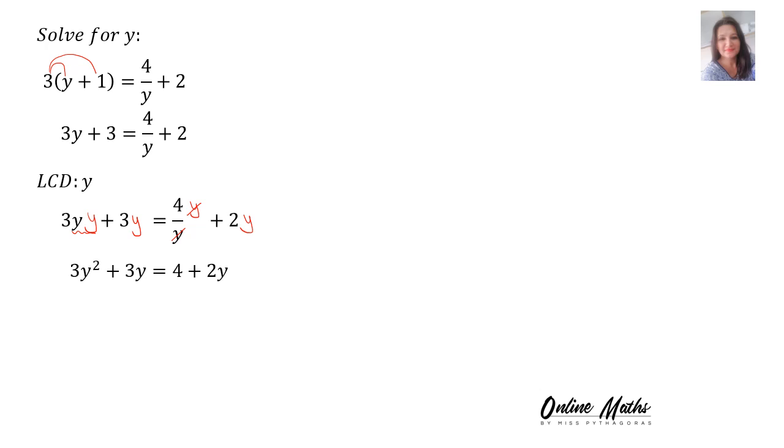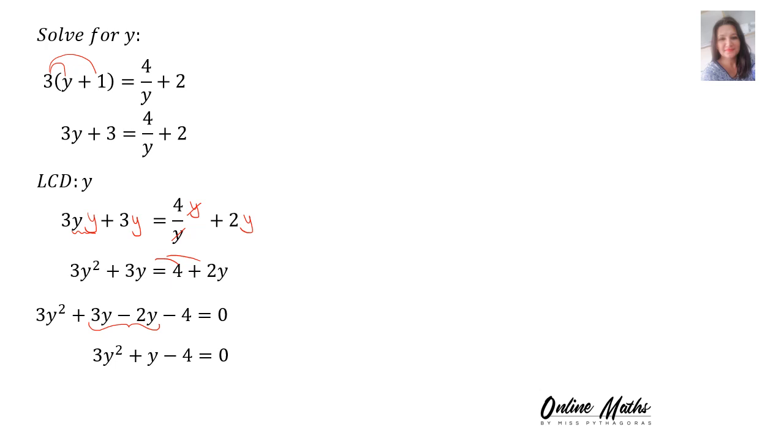Again, my equation is not in standard form, so the 4 and the plus 2y will have to walk across, and it becomes 3y squared plus 3y minus 2y minus 4 is equal to 0. And then I have to add my like terms. And then 3y minus 2y is just y, minus 4 is equal to 0.